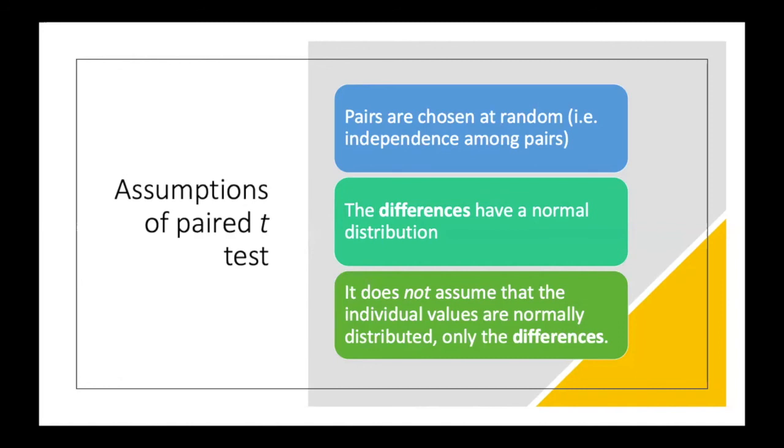Second, we assume that the differences that we calculate have a normal distribution, which allows us to use this t-distribution to calculate our probability. Now, this doesn't assume that the individual values or observations are normally distributed, only that the differences are normally distributed, because it's these differences that we're using to calculate our t-test statistic.